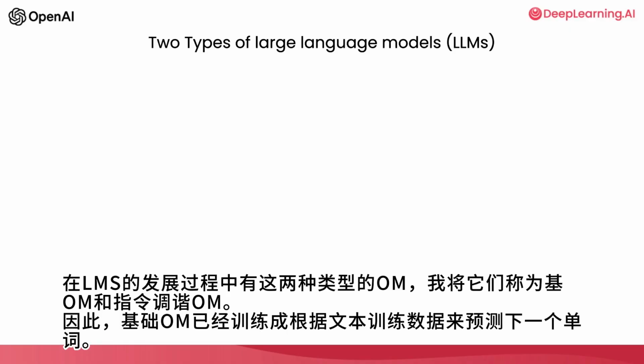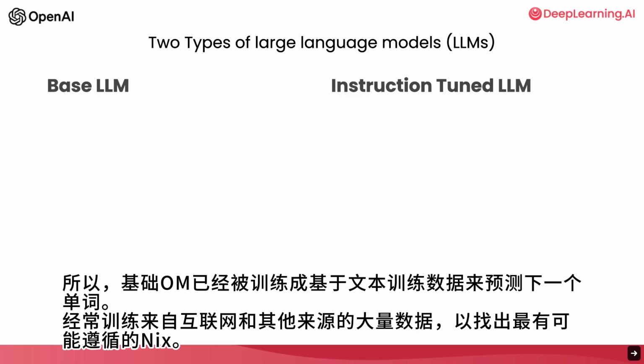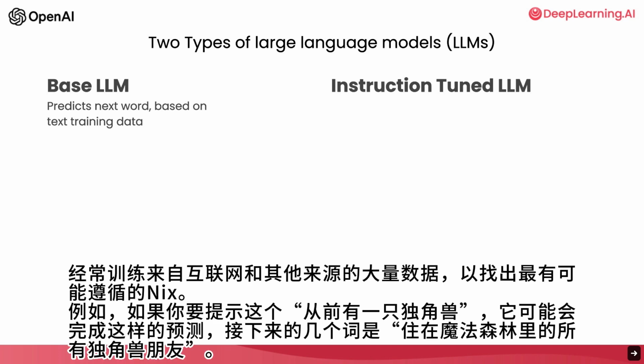So in the development of large language models or LLMs, there have been broadly two types of LLMs, which I'm going to refer to as base LLMs and instruction-tuned LLMs. So a base LLM has been trained to predict the next word based on text training data, often trained on a large amount of data from the internet and other sources to figure out what's the next most likely word to follow.